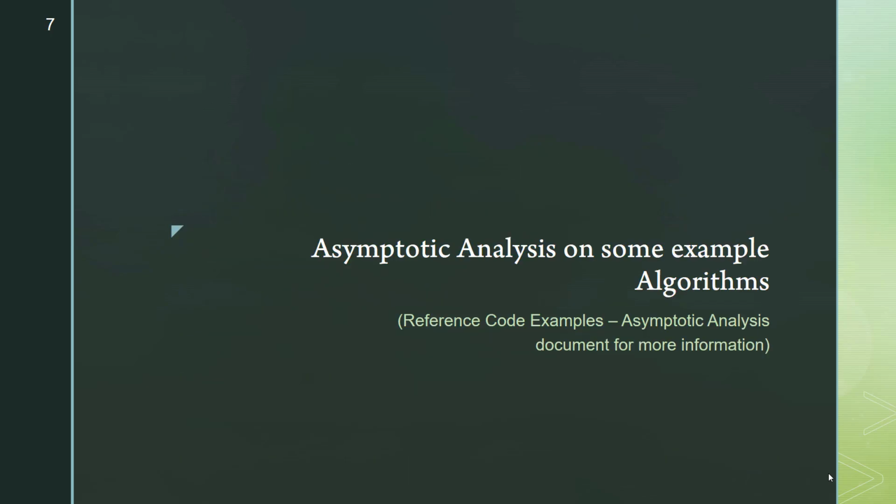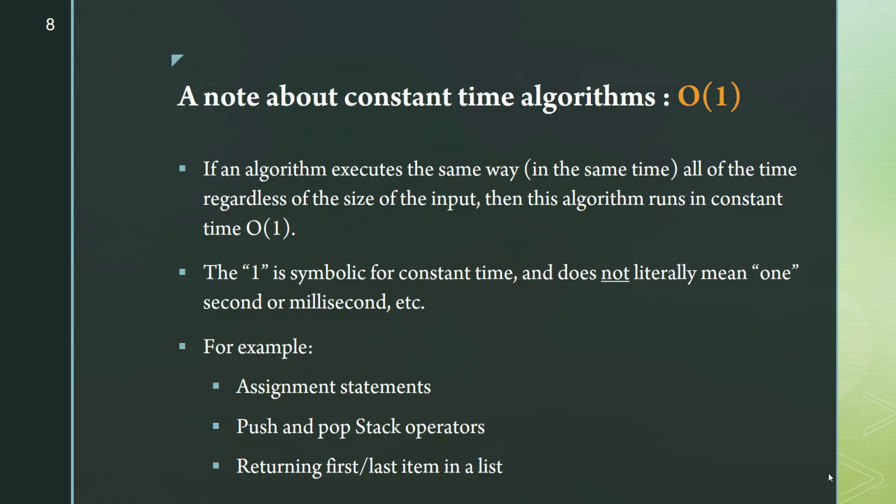Let's take a look at some algorithmic examples. First, a note about constant time algorithms. If an algorithm executes the same way in the same time, all of the time, regardless of the size of the input, then this algorithm runs in constant time, or big O of 1.